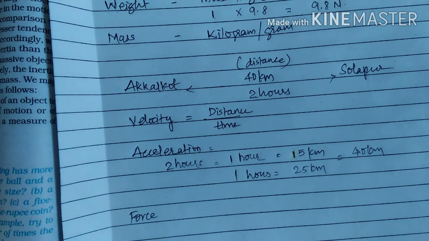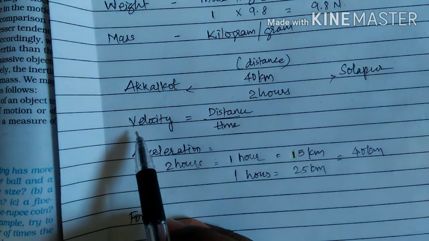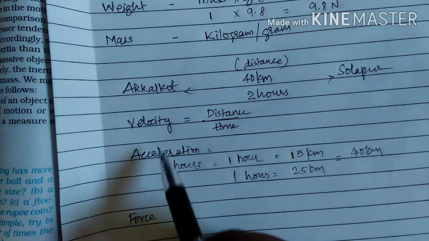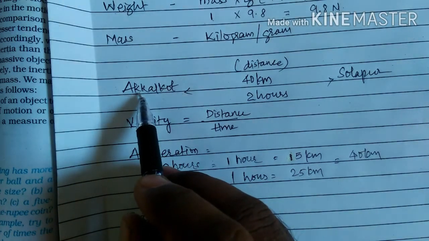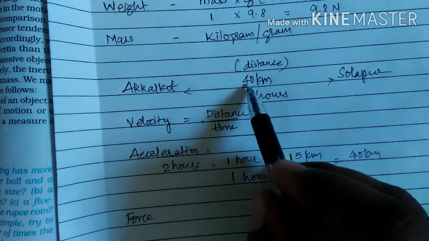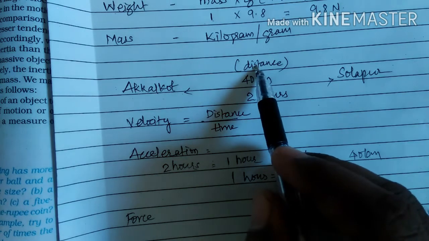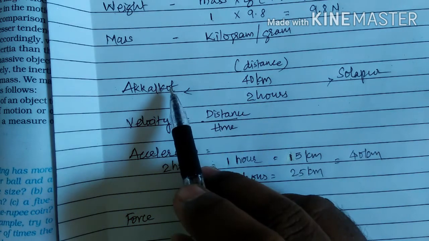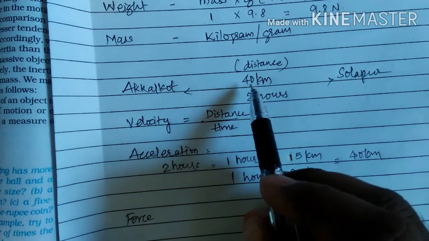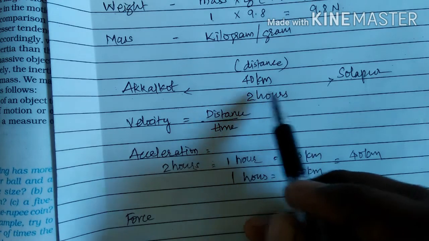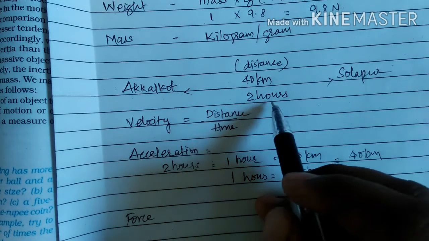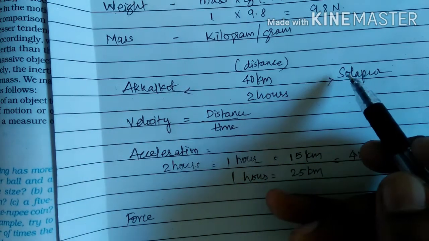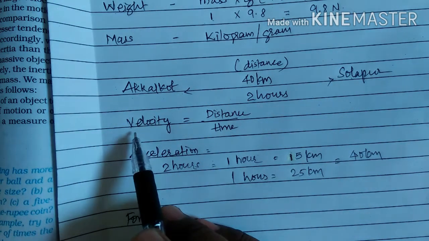Now we will talk about acceleration and velocity. First we will talk about velocity. Suppose you know that from Akkalkot to Solapur is 40 kilometer, and this is the distance between Akkalkot and Solapur. Suppose we cover this distance by bus. Suppose the bus takes 2 hours from Akkalkot to Solapur, and now we have to calculate velocity.